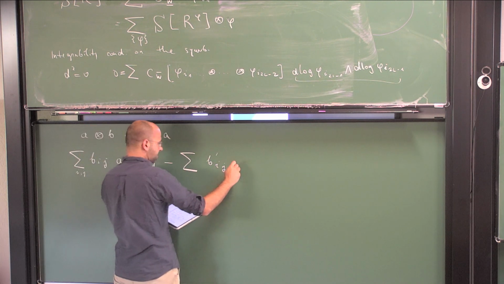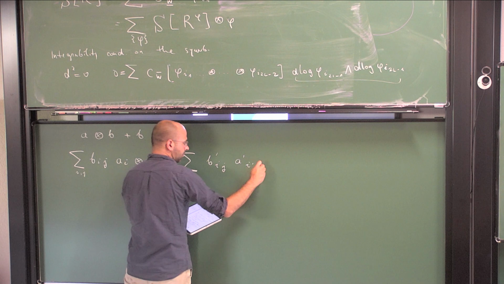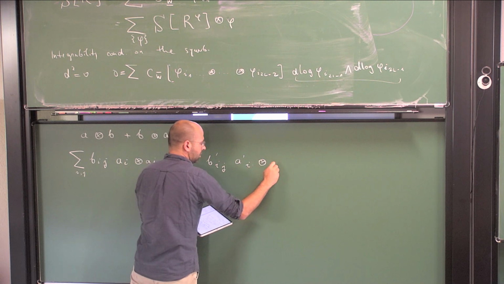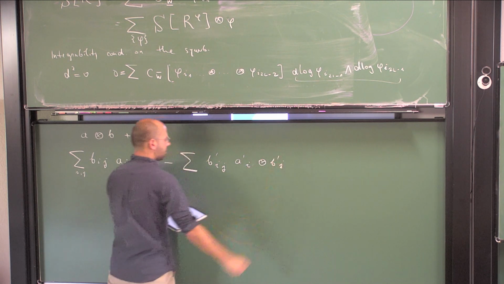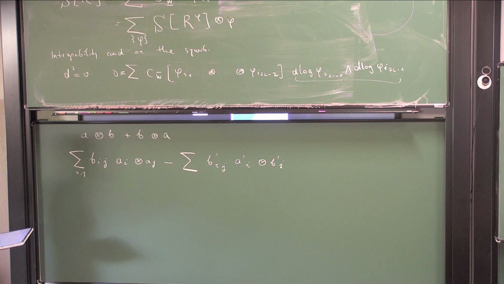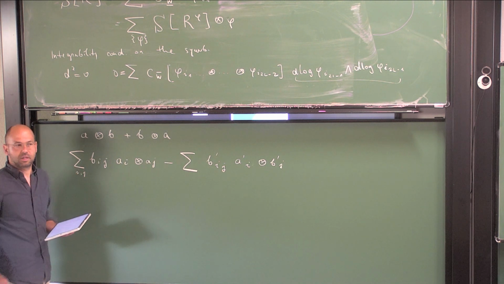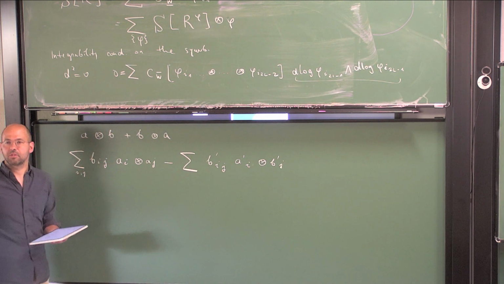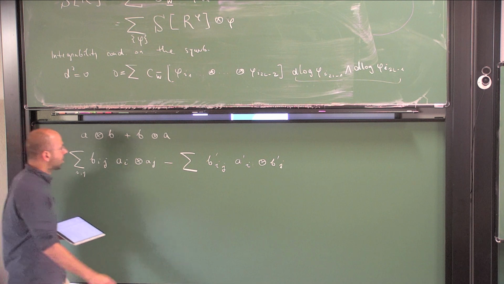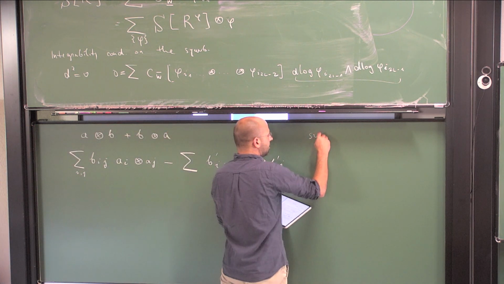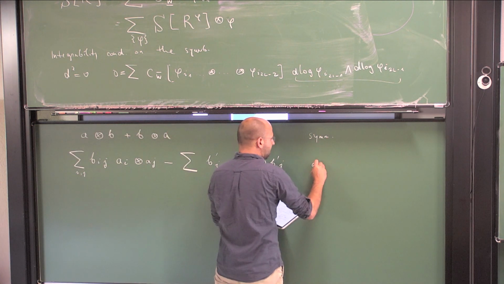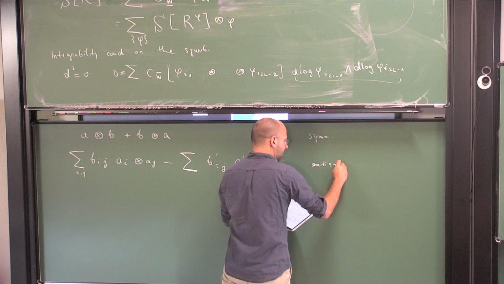And this will be integrable. This is easier to see if your B matrix is invertible. You can easily see that this is going to produce integrable pairs. So these are the symmetric pairs that you have, and these are the anti-symmetric pairs.